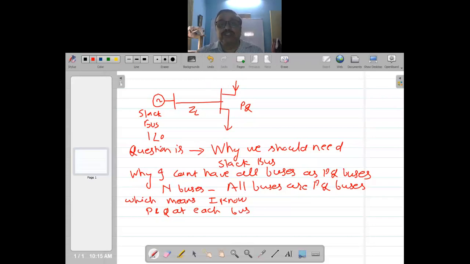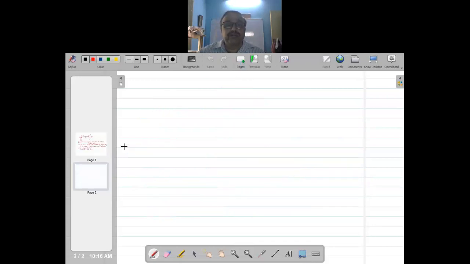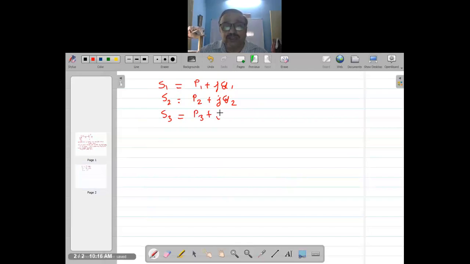So I will take a second page, and I will know what is S1, which is equal to P1 plus jQ1. I will know S2, which is equal to P2 plus jQ2. I will know S3, which is P3 plus jQ3. I will know S4, which is P4 plus jQ4.